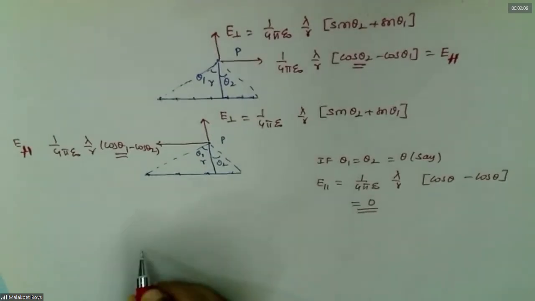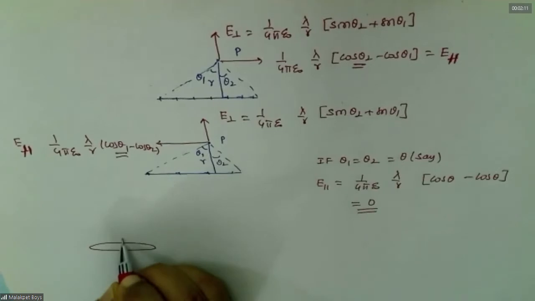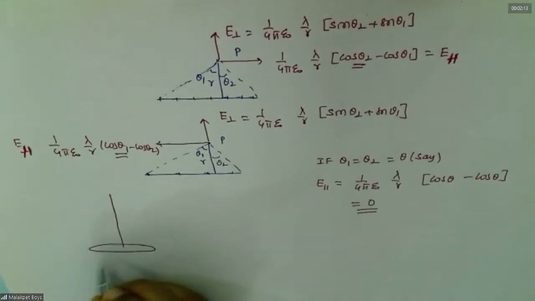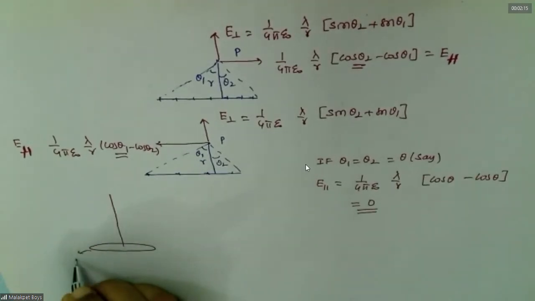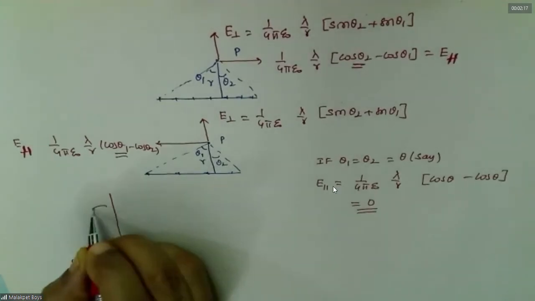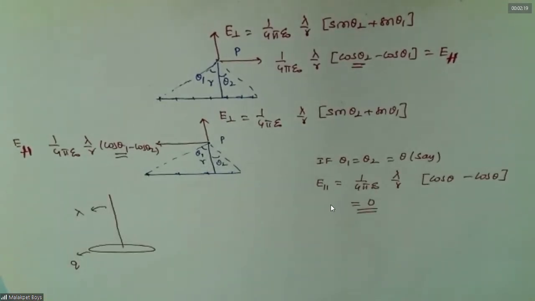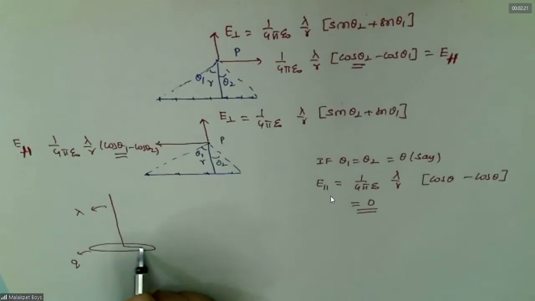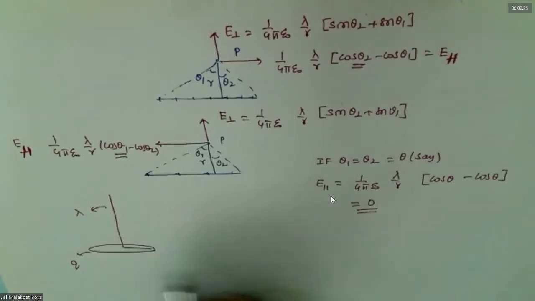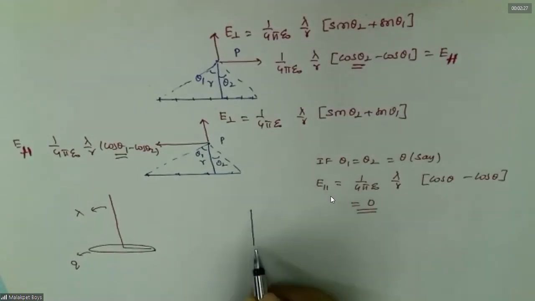Right. See, in the morning we were dealing with one problem. Here, this is the wire. The total charge is Q, and this has lambda. Now you can see at a distance of R, one angle. This point makes theta equal to 0.